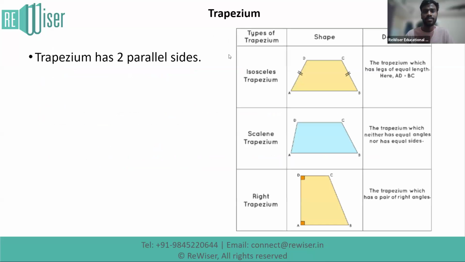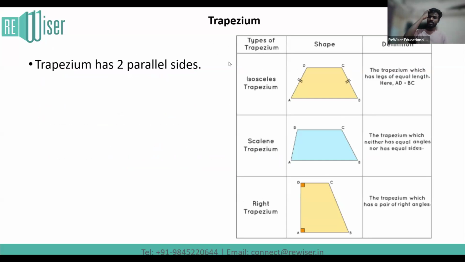Okay, and then we have this trapezium. So we have the isosceles trapezium, the scalene trapezium, and the right trapezium. Isosceles trapezium means two of the sides are exactly the same and the base angles will also be the same.